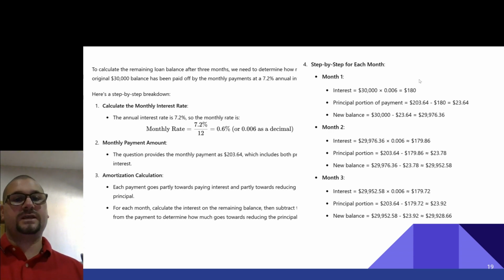Each payment goes partly towards paying interest and partly towards reducing the principal. For each month, you calculate the interest on the remaining balance and subtract it from the payment to determine how much goes towards reducing the principal. Month 1, you get the interest, principal, and new balance, and the same thing for months 2 and 3. You end up with 29,928.